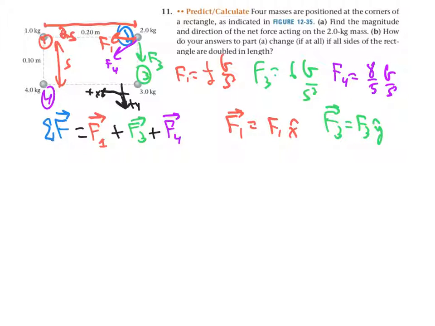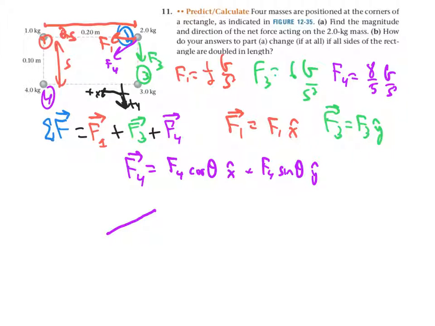But F4 is a bit of a mess, because F4 is going to be something like F4 with some cosine, let's say, in the x, and F4 with some sine in the y. And I need to be a little more careful to find my angles and stuff like that. So I'm going to measure that angle as that angle.